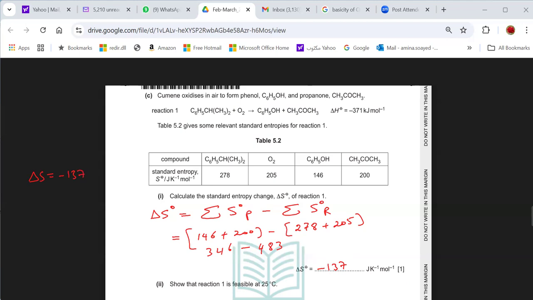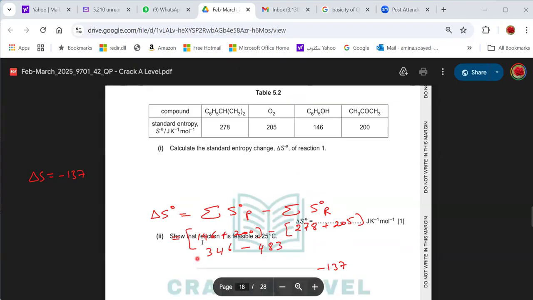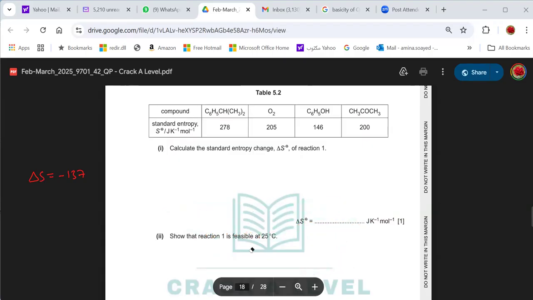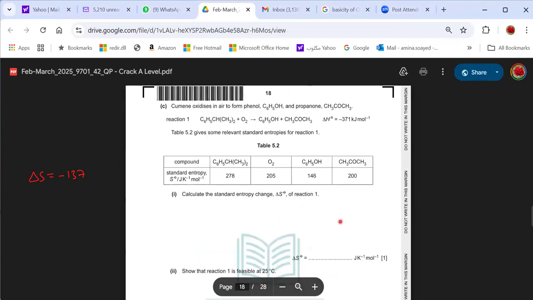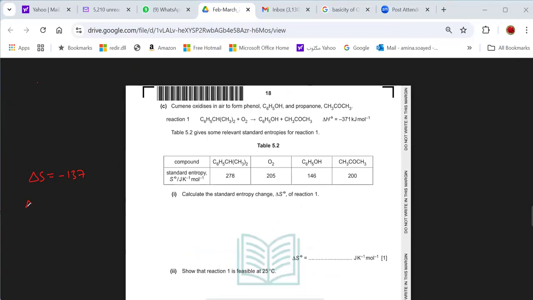They said show that this reaction is feasible at 25 degrees Celsius. So to show that this reaction is feasible, we have to find out the delta G, which is equal to delta H minus T delta S. And so the delta H here is minus 371 minus the temperature, which should be in Kelvin.